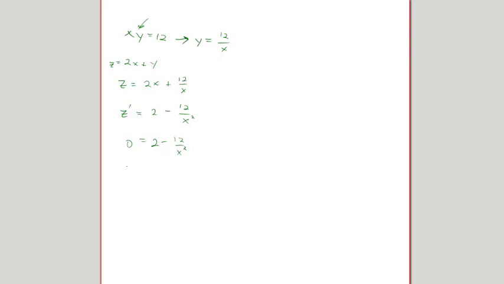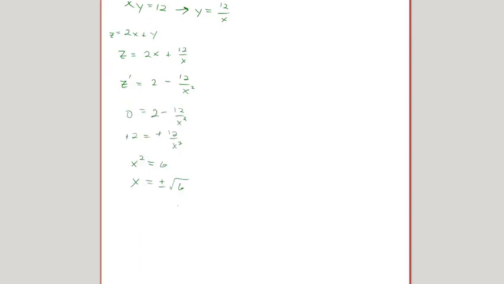Of course I can subtract 2 from both sides. That gives me this, and then multiply both sides by -1 because I like positive numbers. Then maybe multiply both sides by x squared and divide both sides by 2. Gives me 6. So that means x must equal plus or minus square root of 6.